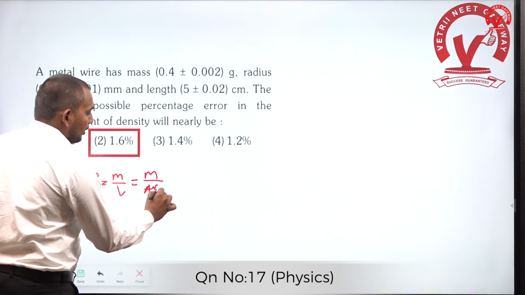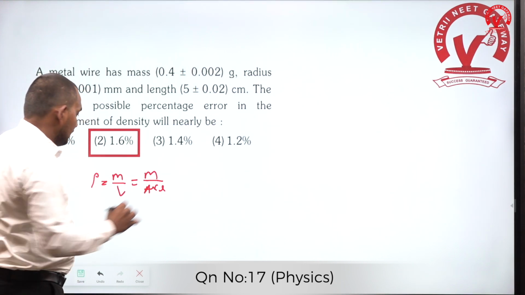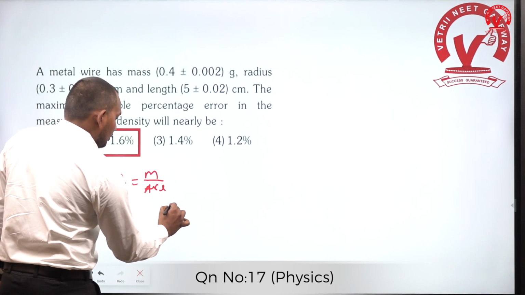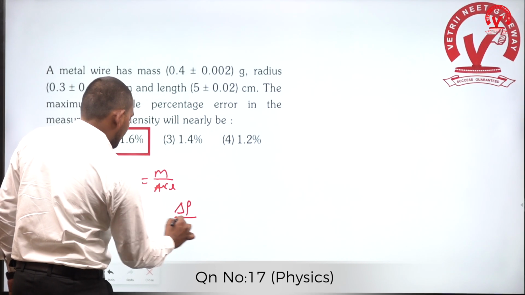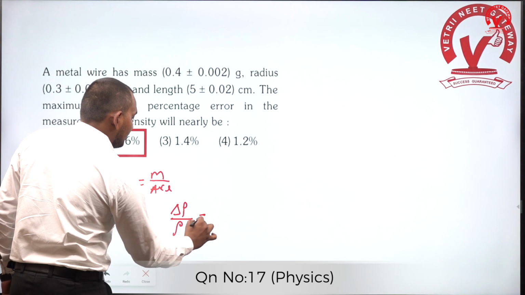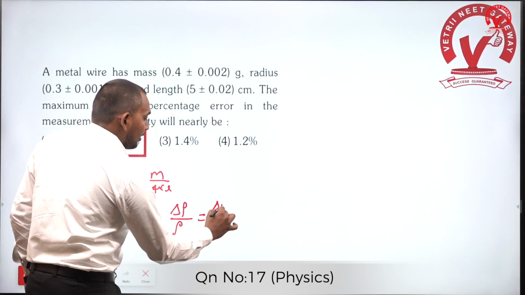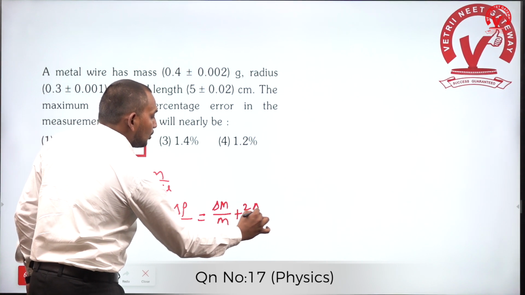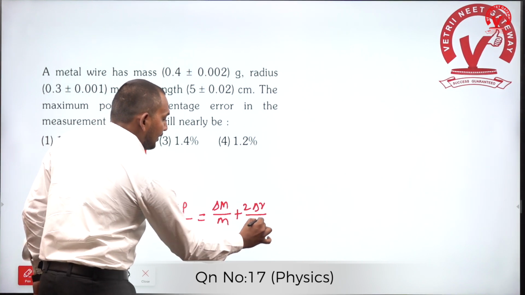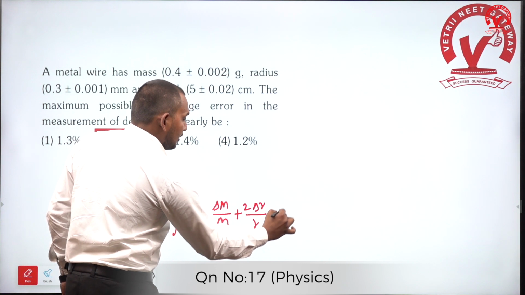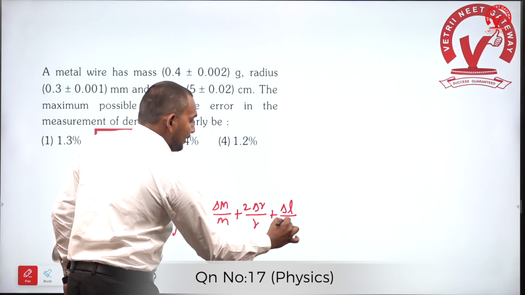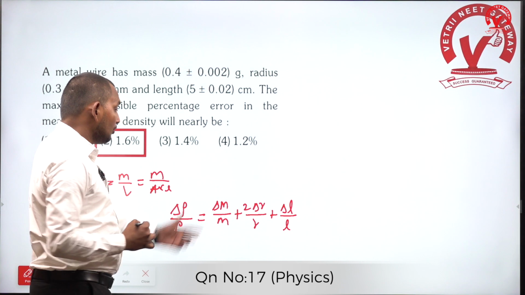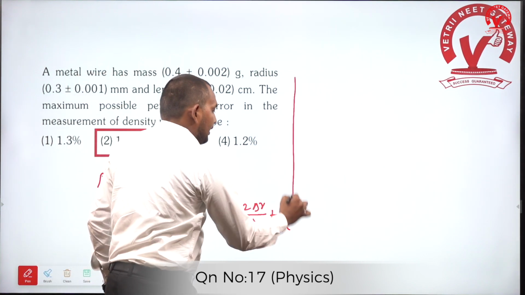Area into length. Then we want to write change in density: delta rho by rho is equal to delta m divided by m plus 2 delta r divided by r plus delta L divided by L. We want to take the percentage for this one.